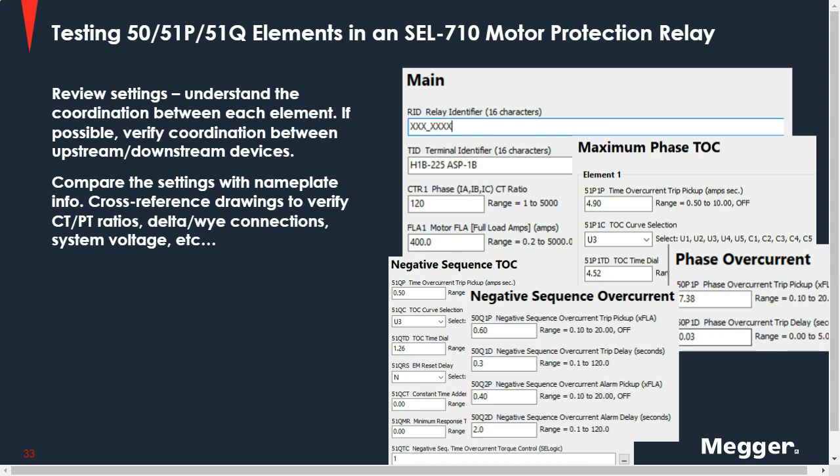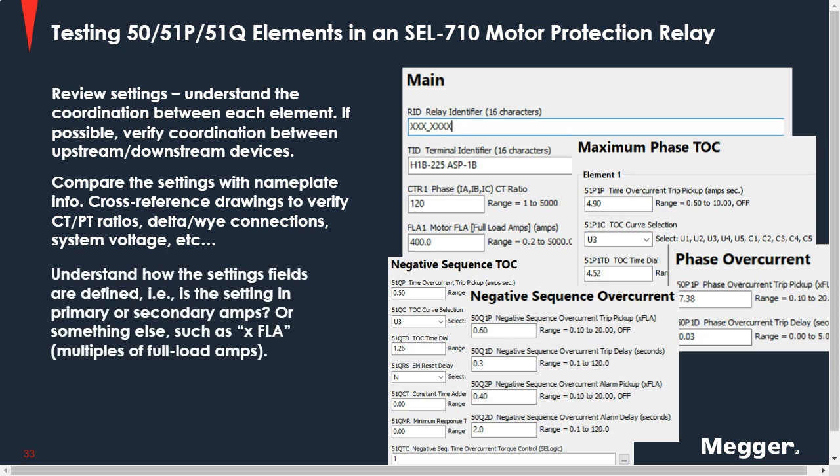It's not just an anomaly. It happens enough that it's worth always looking at, always verifying. And just another tip is that you understand how these settings fields are set up, how they're defined.